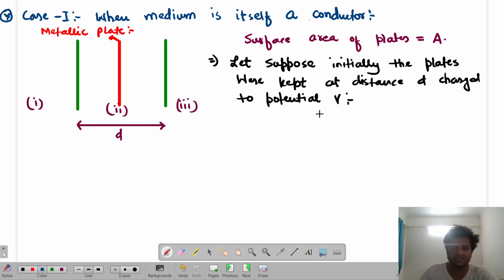They will develop the capacitance which will be equal to C is equal to epsilon naught A by D or not. Correct. Now when I just introduced them, you see that these bodies got divided into two parts or not.